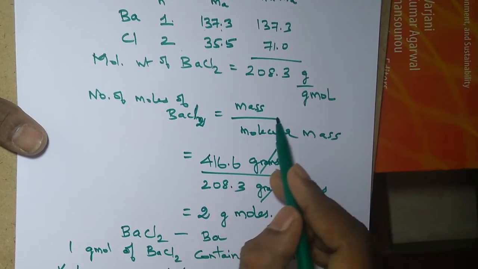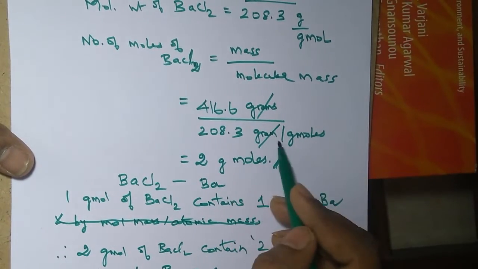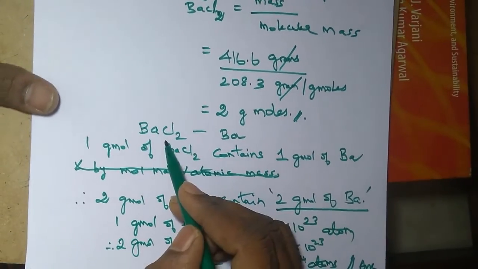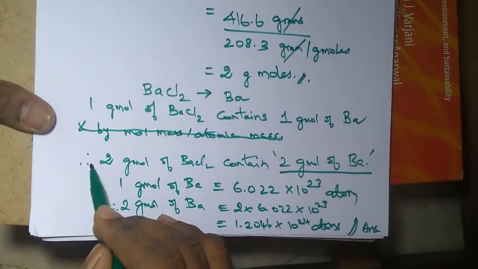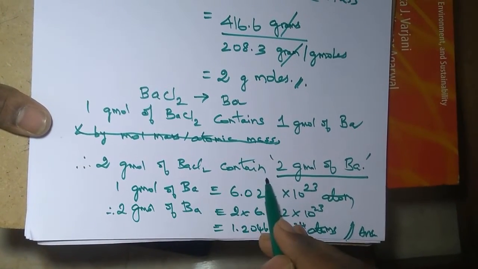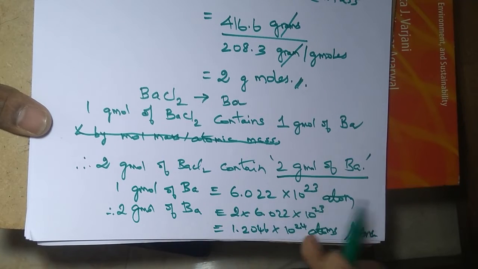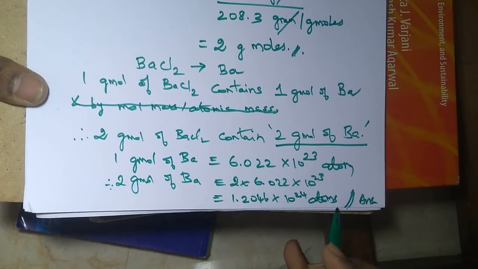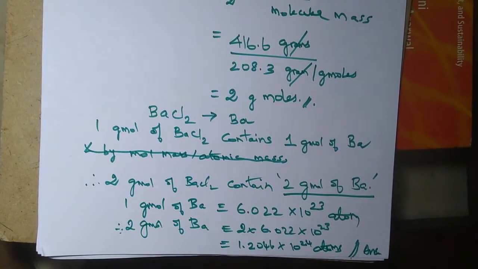So 416.6 by 208.3, we got 2 gram moles. Then 2 gram moles multiplied by Avogadro number gives the final answer, because 2 gram mole of barium chloride will contain 2 gram mole of barium. So 2 gram mole of barium will contain 2 into 6.022 into 10 power 23, which is 1.2046 into 10 power 24 atoms.